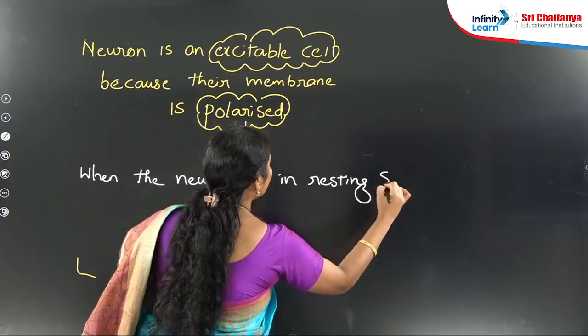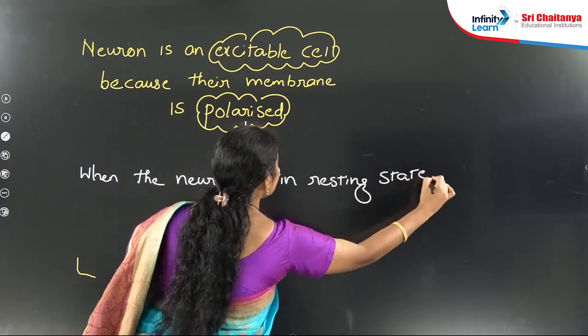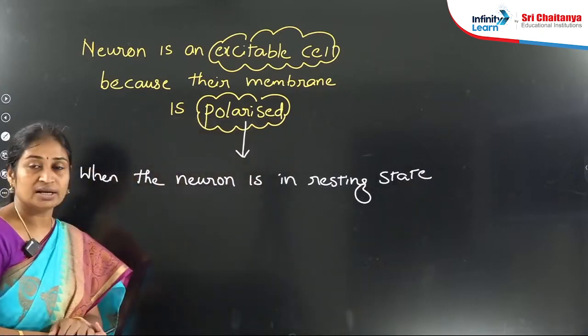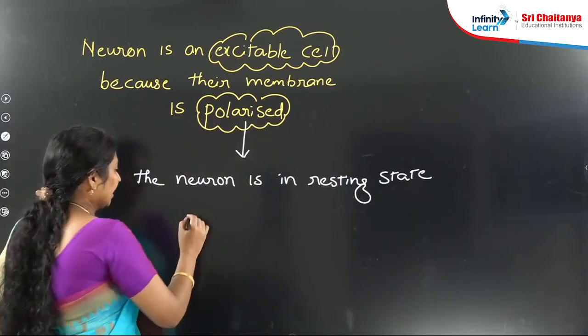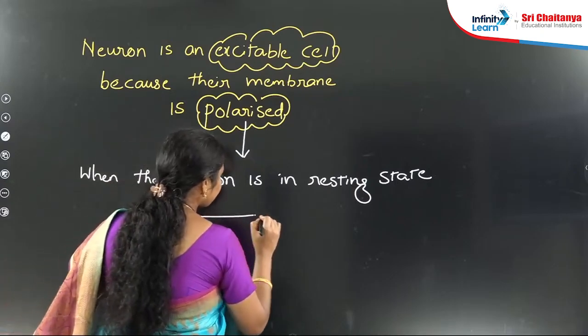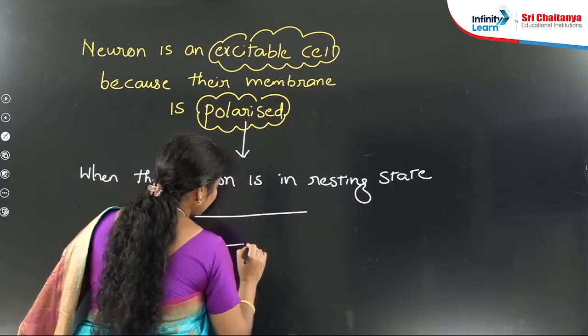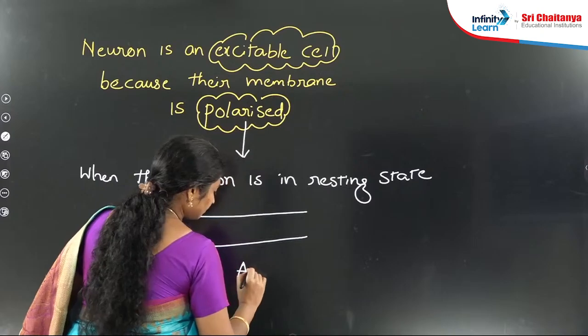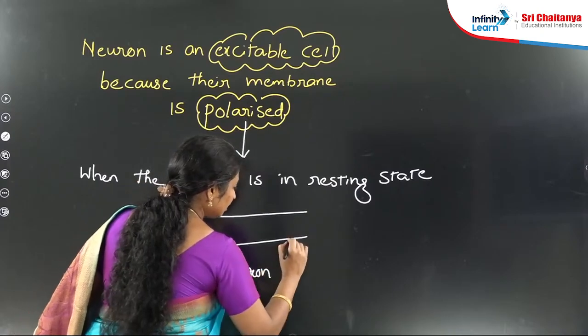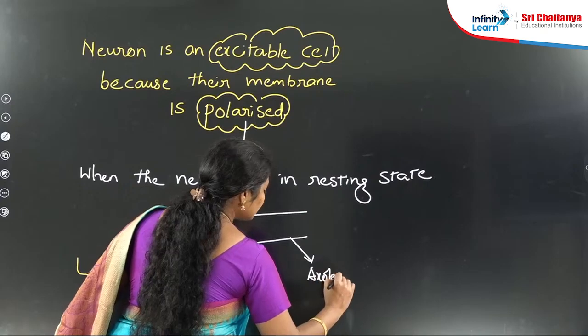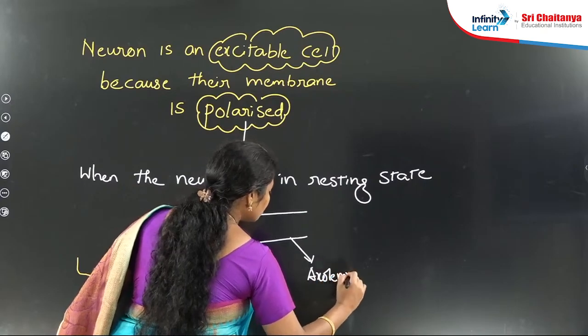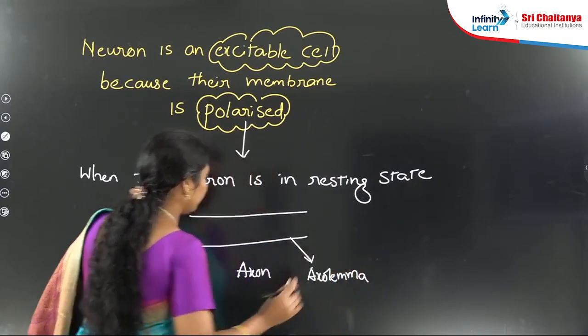Imagine when the neuron is not under stimulus, it is present in the form of resting state. Suppose this is the axon, and this is known as axolemma because this is the membrane. Plasma membrane of axon is known as axolemma.